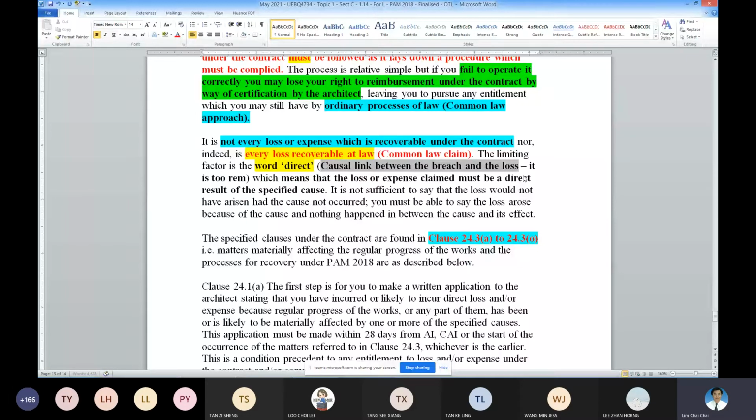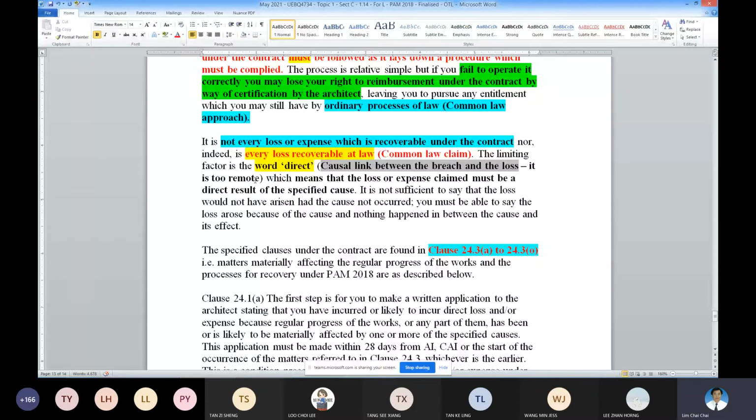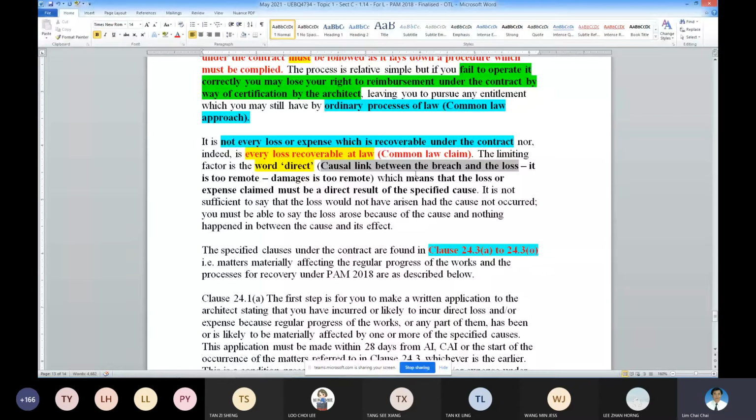I hope you are clear. I'm bringing back your common law or your basic contract principles just to refresh your memory. I think some of you are already blurry. The word direct means there must be a causal link between the breach and the loss.